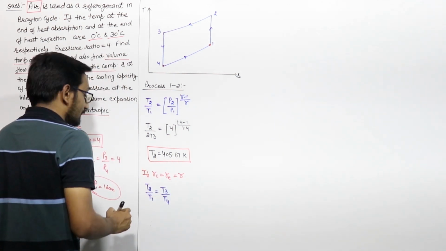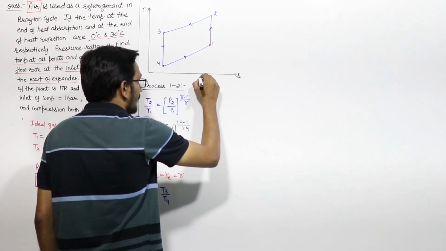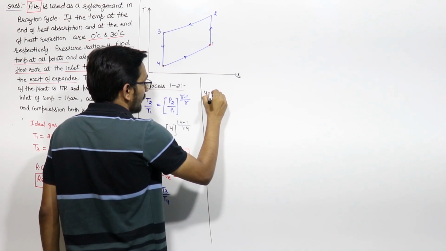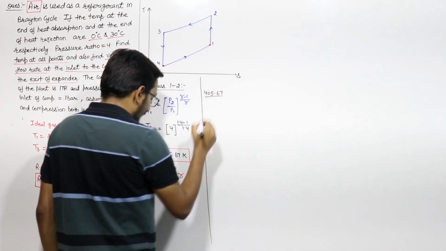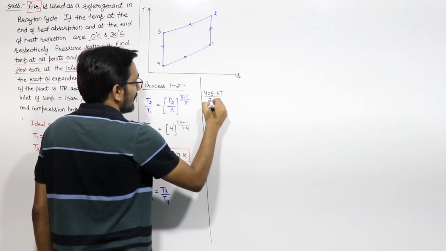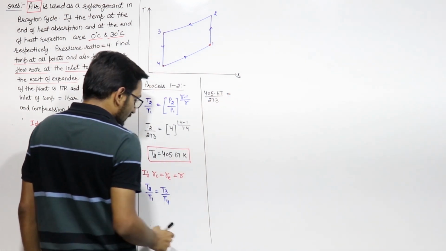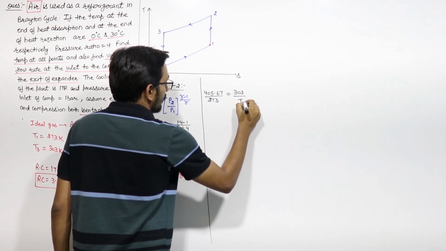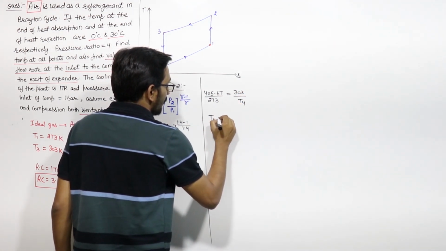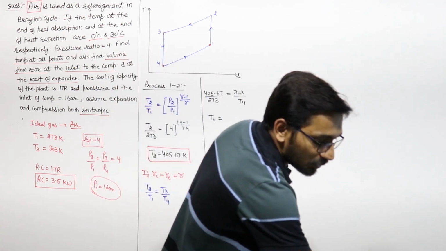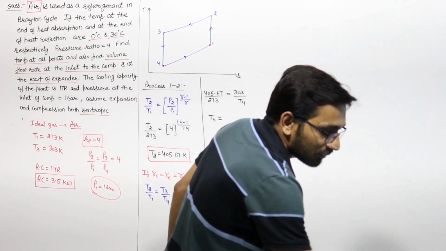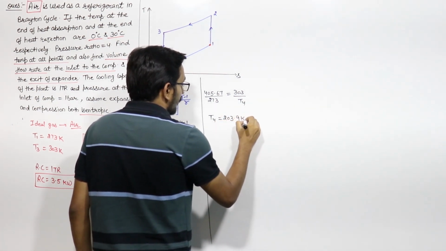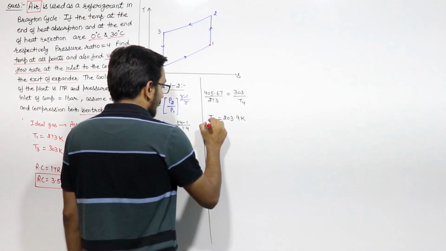T2 is 405.67 divided by T1, 273, is equal to T3, given as 303, divided by T4. So from here you will get the value of T4, and that is 203.9 Kelvin.